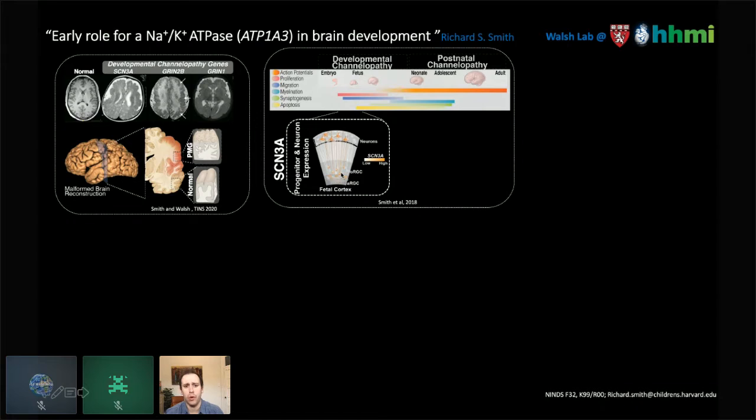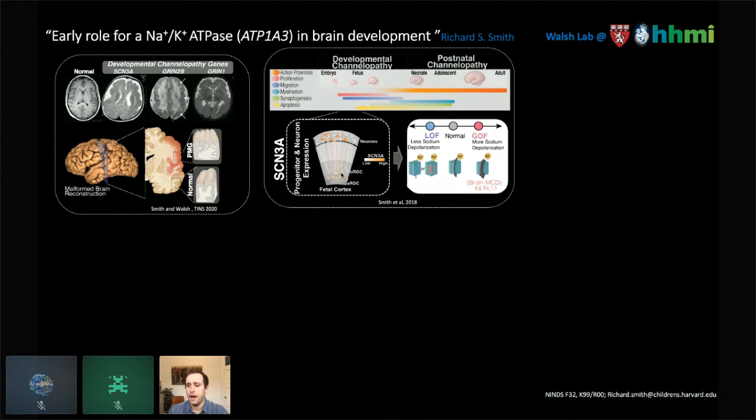And this got us thinking more about the non-canonical roles of sodium flux in the developing brain. We wanted to identify exactly what this variant was doing to our voltage-gated sodium channels. To summarize, we performed electrophysiology, and what we find is that these mutations across the individuals increase the amount of sodium flux into the cell. So we have what we describe as a gain of function.